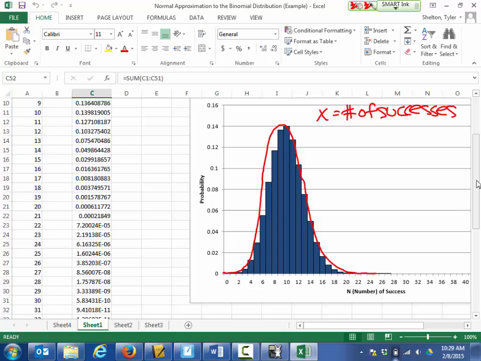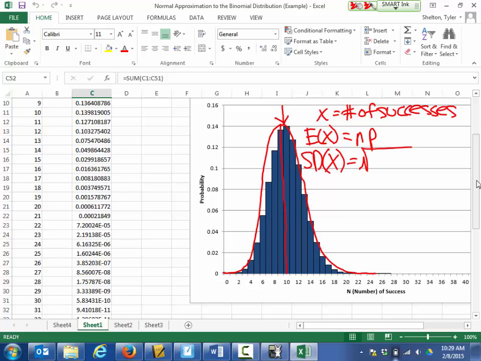The binomial distribution says if x is the number of successes out of n trials, then your expected value of x is just n times p, the number of trials times the probability of success. Well, here we had 50 trials. The probability of success was 20%.